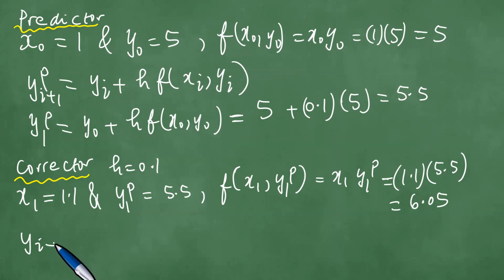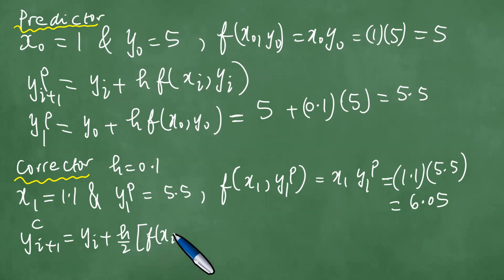It is yi plus 1 corrector, which is yi plus h over 2 into f of xi, yi, plus f of xi plus 1, yi plus 1 predictor, like so.